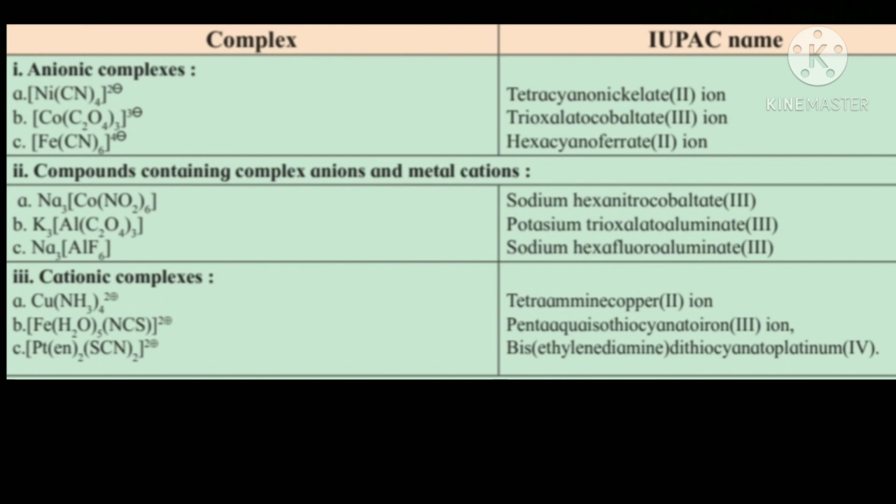The next set is compounds containing complex anions and metal cations. The first example here is Na3, and inside the coordination sphere we have Co(NO2)6. We know that any species which is outside the coordination sphere acts as a counter ion. So you will write the name of it as usual, that is sodium. Then the number of ligands is 6, so it will be hexa.